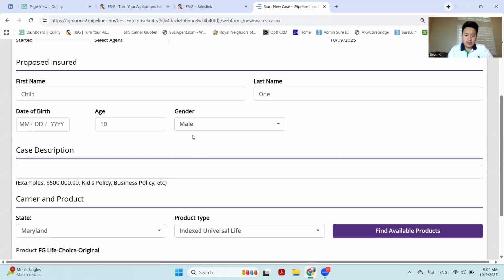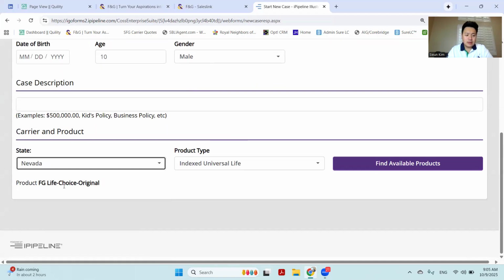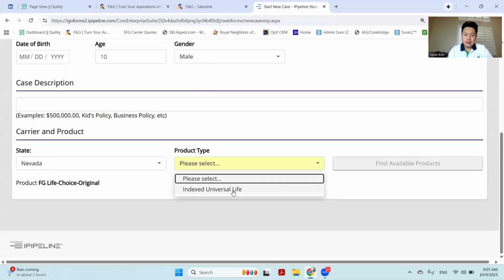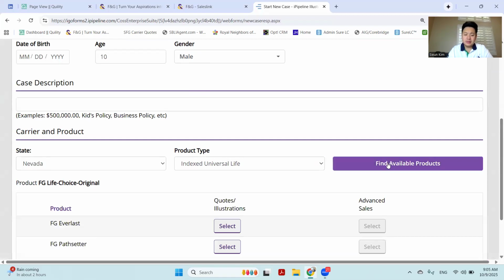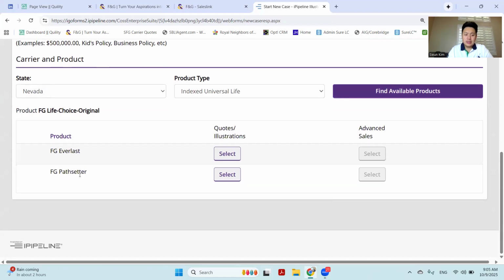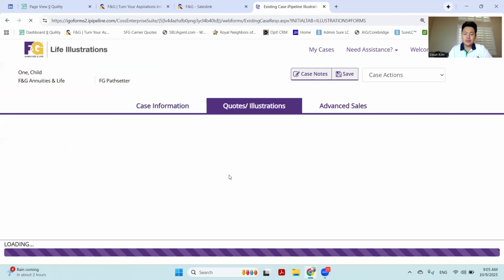We can make it male, Nevada. Product type, Index Universal Life. Find available products. There's FG Everlast and FG Pathsetter. So the Pathsetter is the one that you can really customize for the client. So I will choose the FNG Pathsetter. Click select the quotes slash illustrations.